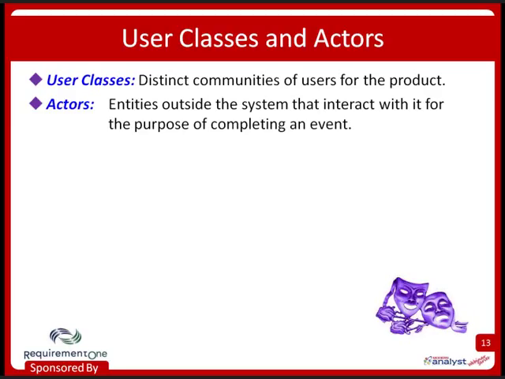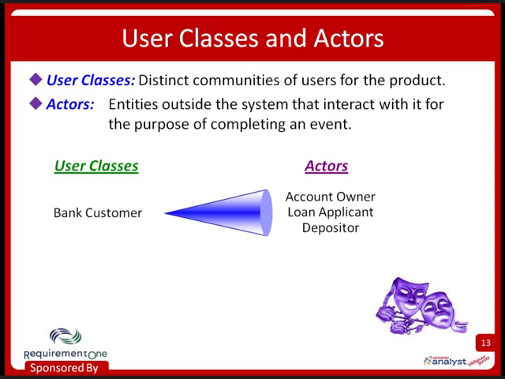So sometimes members of one user class can perform several different actor roles at different times. Here's kind of how I think about it. Let's say we had a banking application, and we have a class of users called bank customers. Now, depending on exactly what the bank customer is doing at any particular time, they might be acting as an account owner, so that the system sees that the account owner can do certain things with the bank.